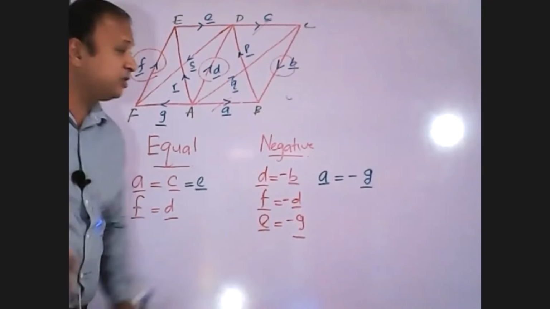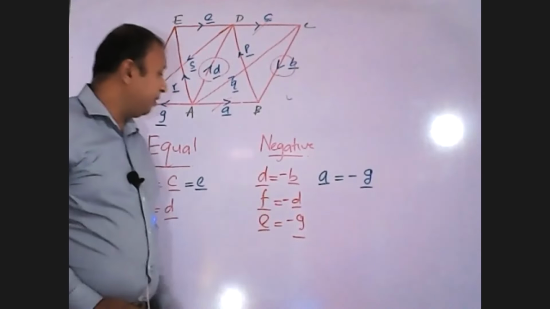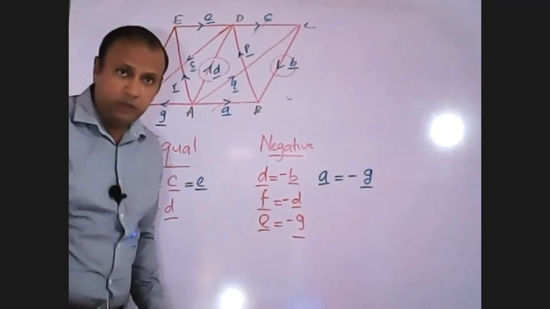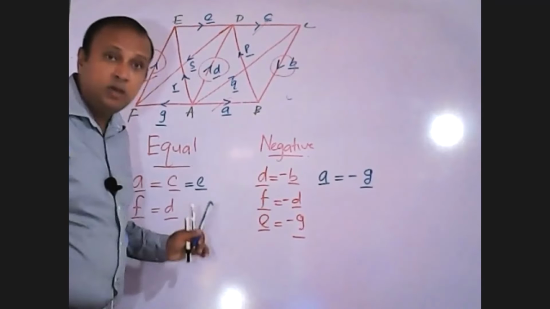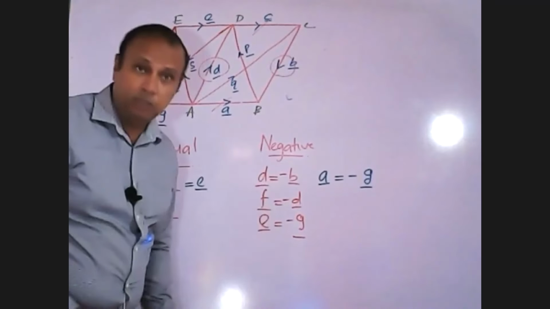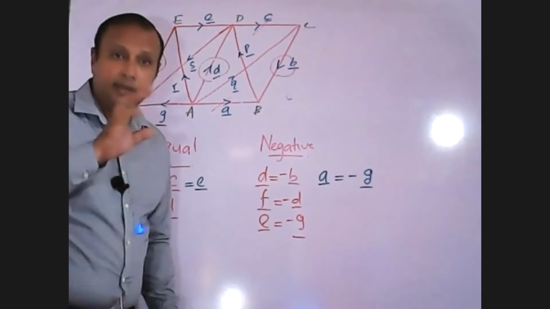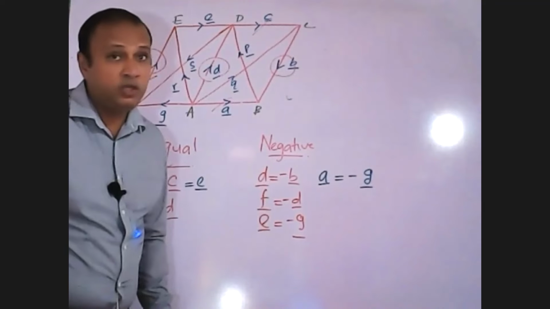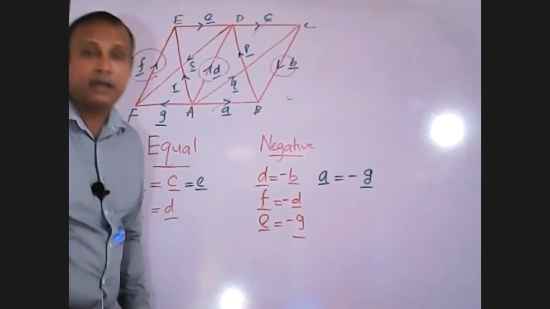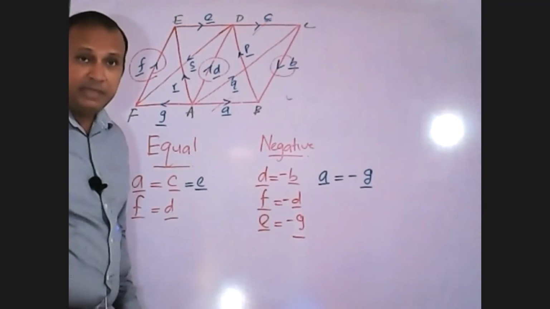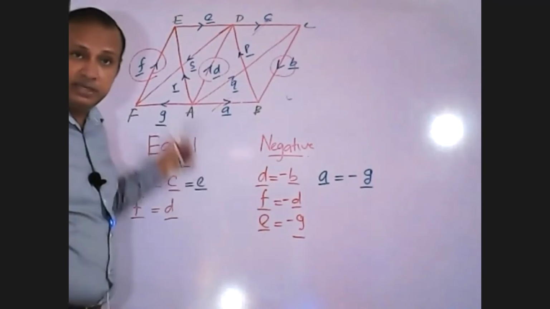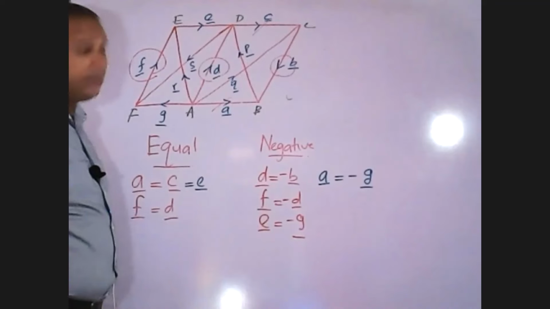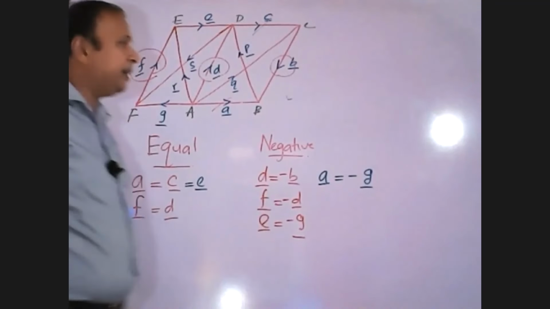Don't compare not parallel vectors, because if it is an equal vector or negative vector, the two vectors should be parallel to each other. So compare the parallel vectors only. That's why I went to the outer sides first. Then I can go to the diagonals.